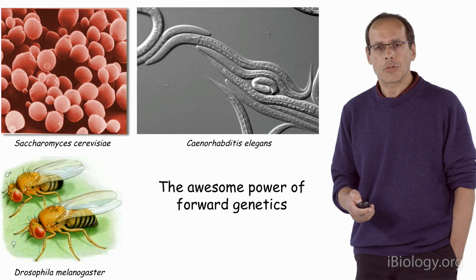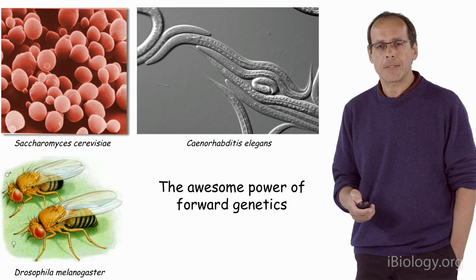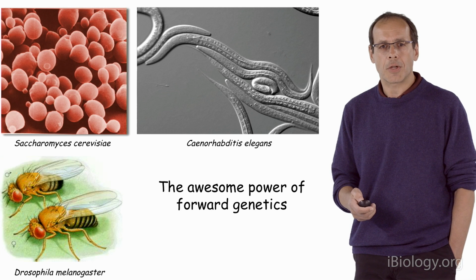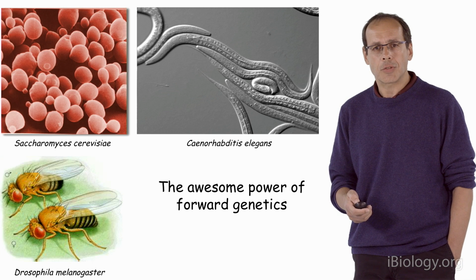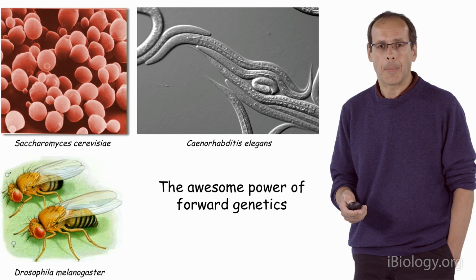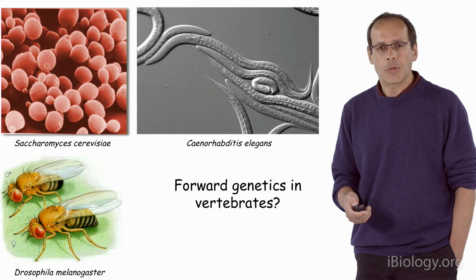We have gained tremendous insight into the control of the cell cycle. Forward genetics in C. elegans has given us insights into mechanisms of apoptosis or cell death, as well as the discovery of microRNAs, and of course the logic of embryonic patterning and developmental processes has come from forward genetics in the fly. And what about vertebrate organisms?